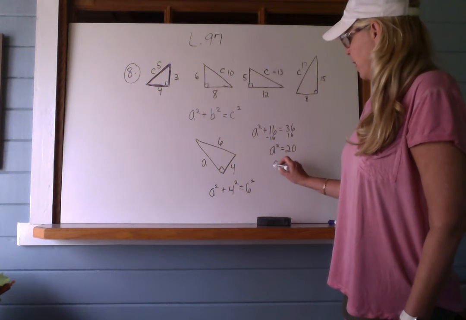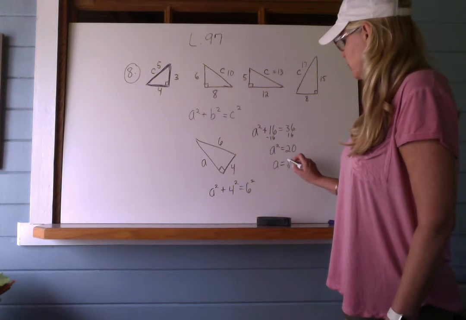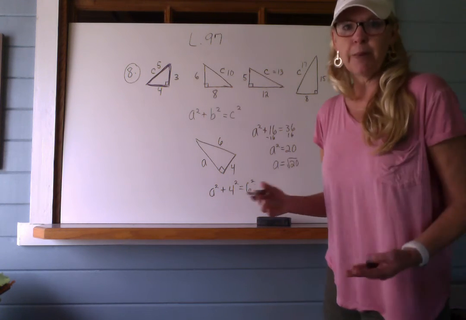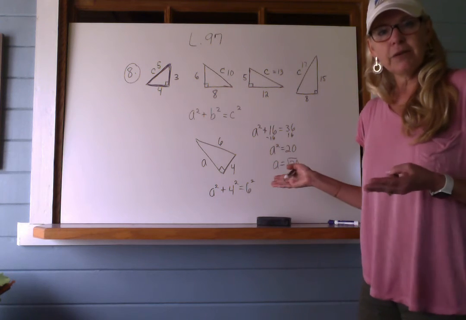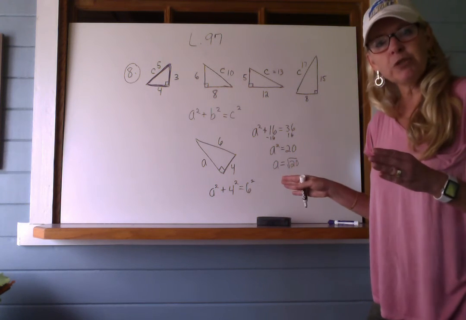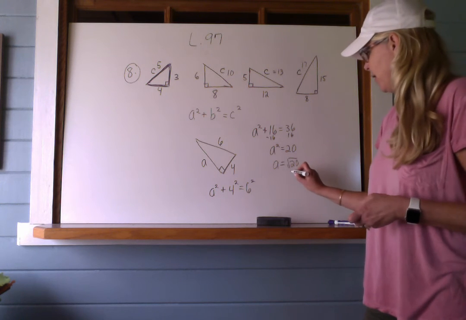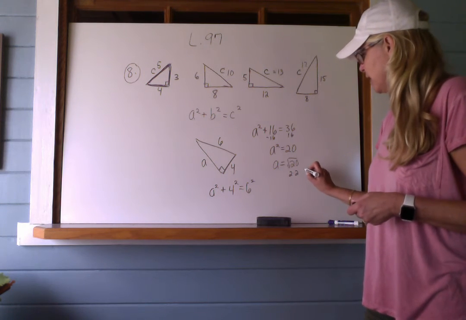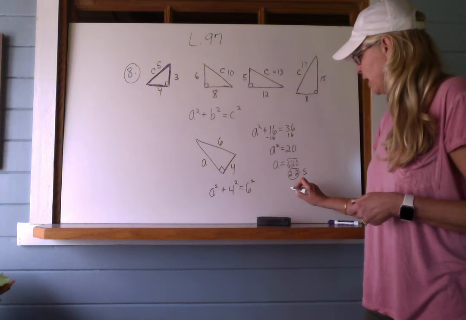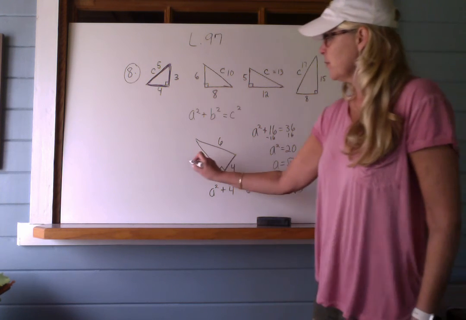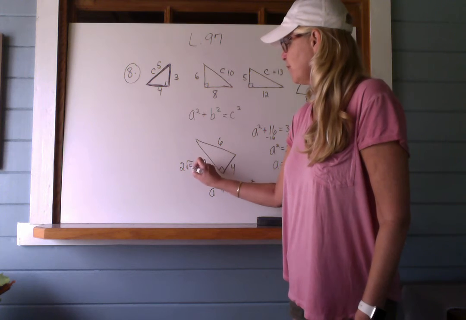Get rid of your squares, so A equals the square root of 20. 20 is not a perfect square, and then you're like, okay, well, I'm done, but just double check. Can you simplify the square root of 20? Yes, you can. 2 times 2 times 5, the 2 comes out: 2 square root of 5. So that A is 2 square root of 5.